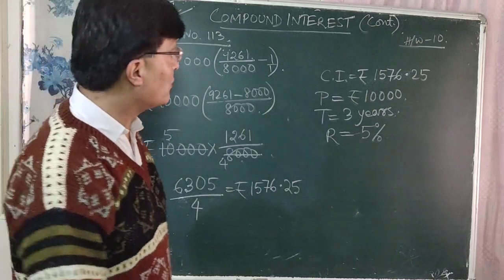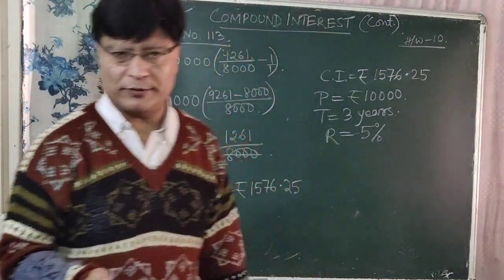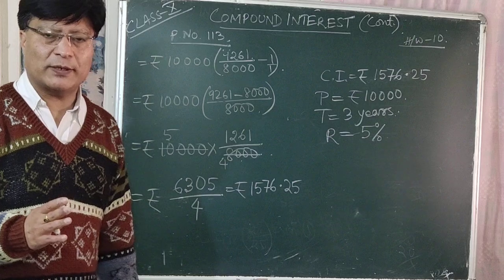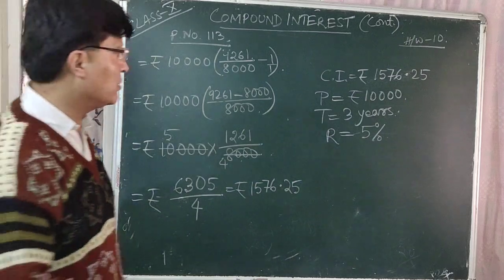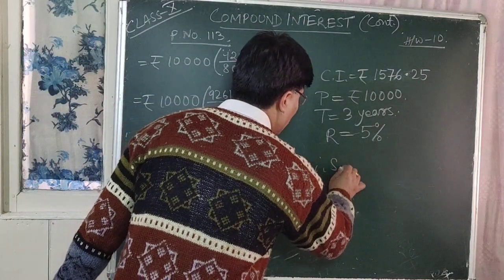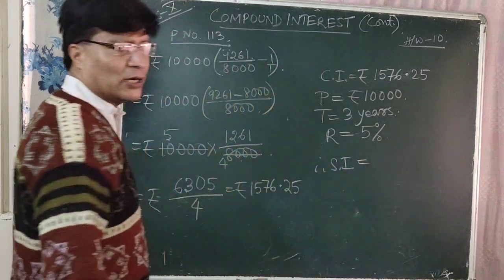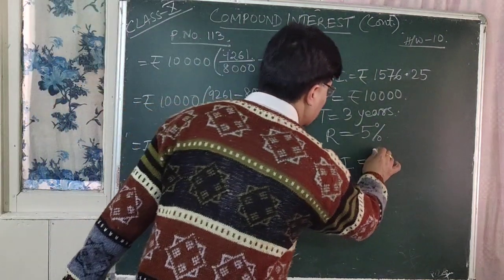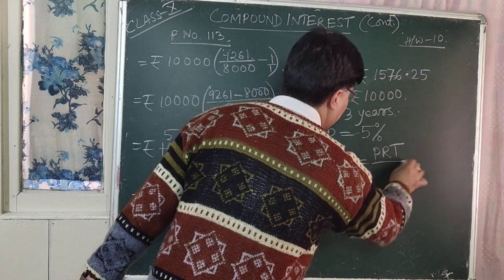Now in this problem you have to find out both compound interest and simple interest, and you have to find out the difference between compound interest and simple interest, right? So therefore, what is SI? PRT by 100. This is the formula for simple interest.